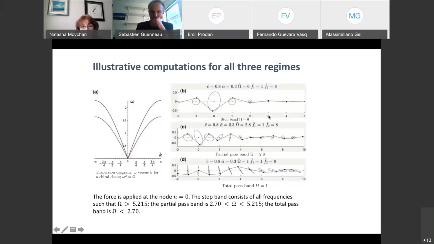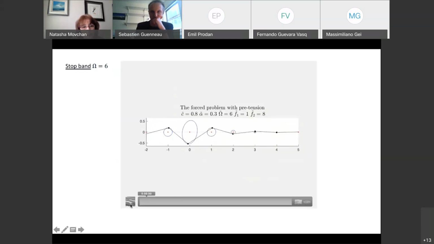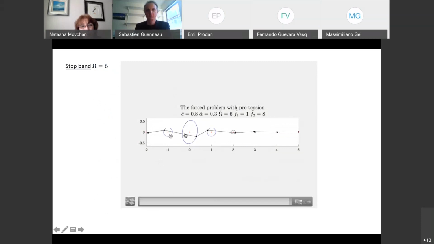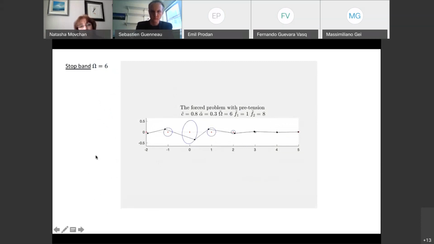So, if, for example, we look at the trajectories for frequency within the stop band, look at the force problem where the force is applied at this node, the 0 node, and we have some retention. C is equal to 0.8.